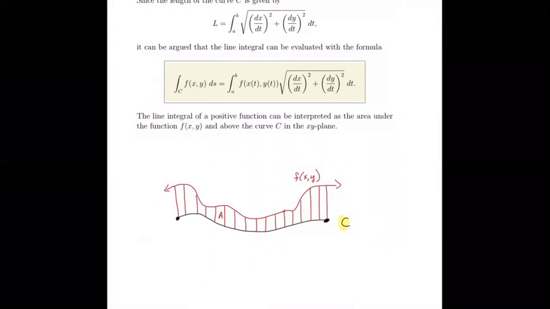If it's positive, it's above it in all places, never crosses it and goes under it. So f is some surface in 3 space above this xy plane, and the line integral is actually the area underneath this, indicated by these columns all along it. It's the area of essentially this curtain or this wall that follows the curve C and has height f.